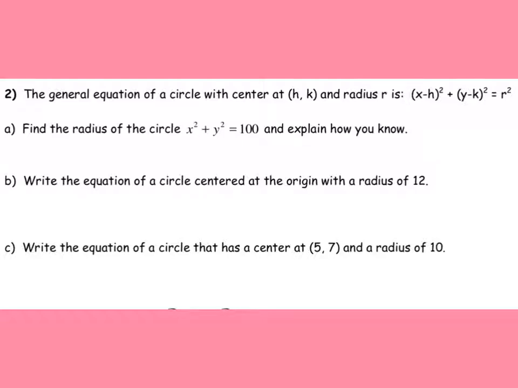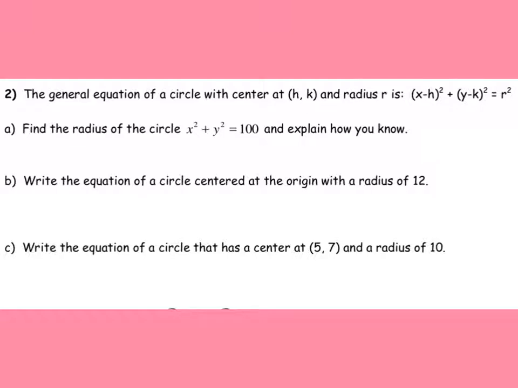If we look at the general equation of a circle, this you may or may not have learned in geometry: x minus h squared plus y minus k squared equals r squared. R is our radius.